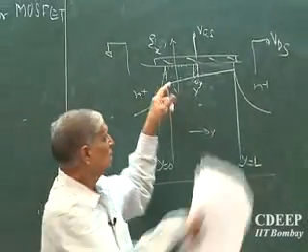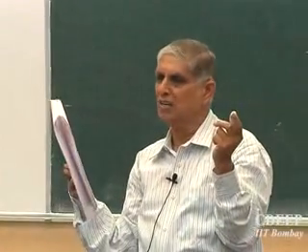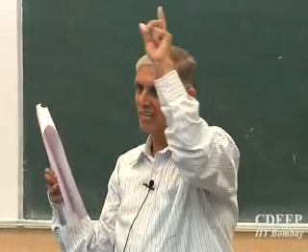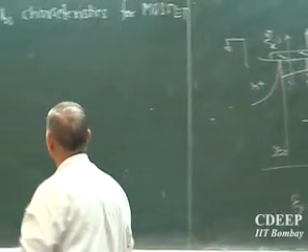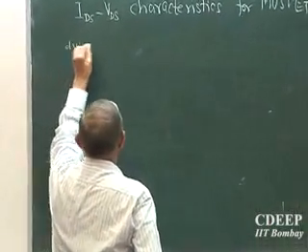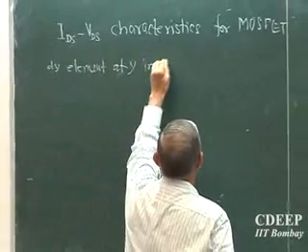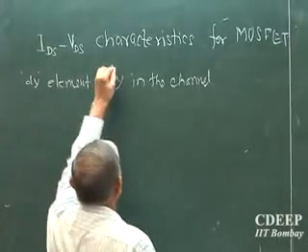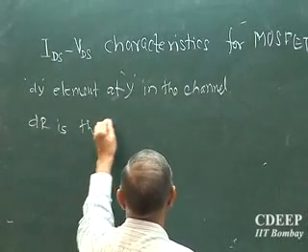Is that correct? If only drift current flows, J is sigma E, that means only a resistor is between source and drain. The value of resistance is decided by the gate voltage, but once that is fixed, the R is fixed. So this element has a value of resistance which is dr. So let's say dy is the element at y in the channel, and dr is the resistance associated.